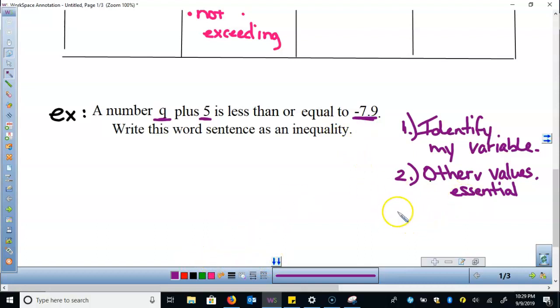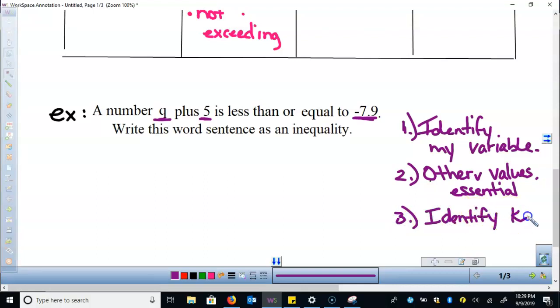Lastly, that's when we identify keywords, or statements, phrases, that tell us a little bit about what we're doing in this inequality, whether we're adding, subtracting, multiplying, dividing along the way, and which inequality we're using.